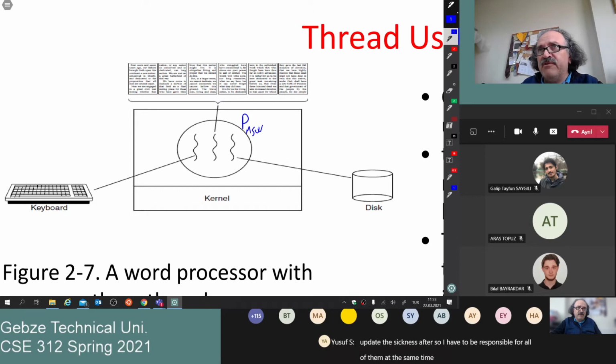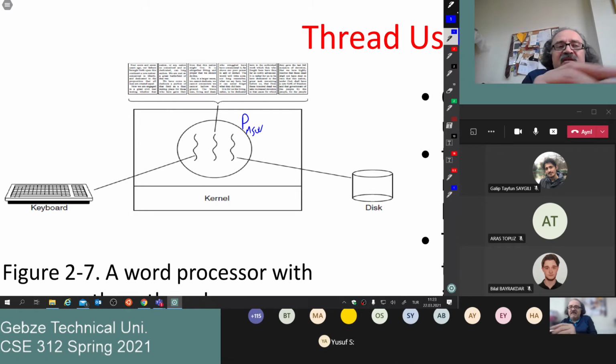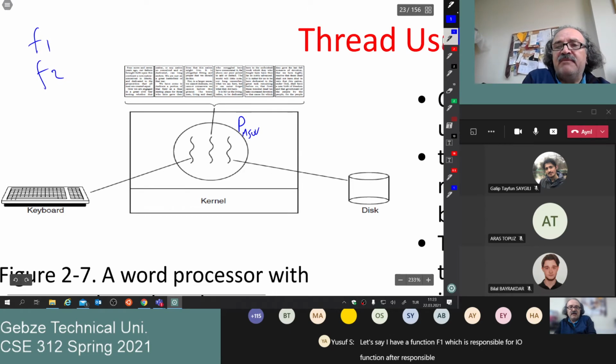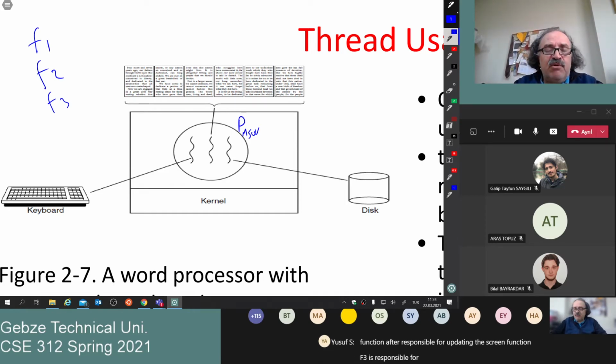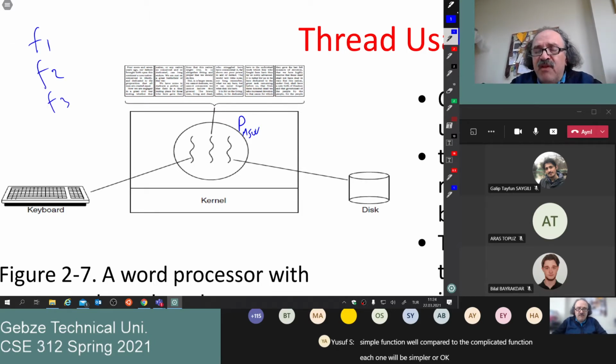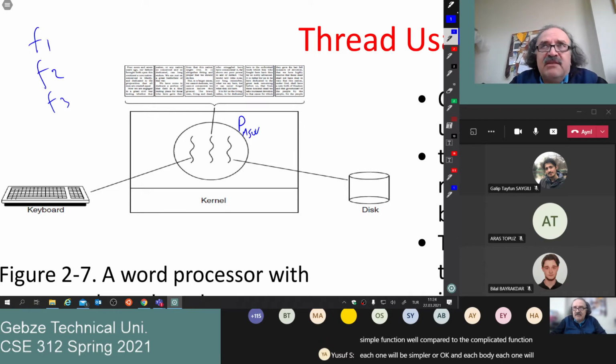Instead, let's say I have a function f1 responsible for I/O, function f2 responsible for updating the screen, and function f3 responsible for interacting with the user by keyboard, mouse, or touch screen. Each one will be a very simple function compared to the complicated one, and each will be running in parallel. If one of them is blocked, then the others can go on.